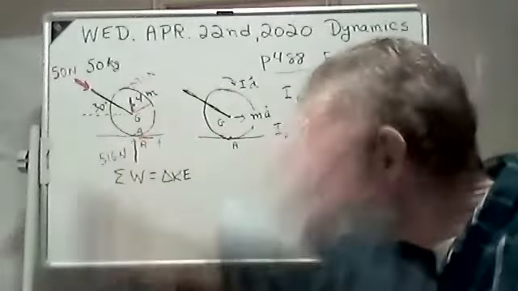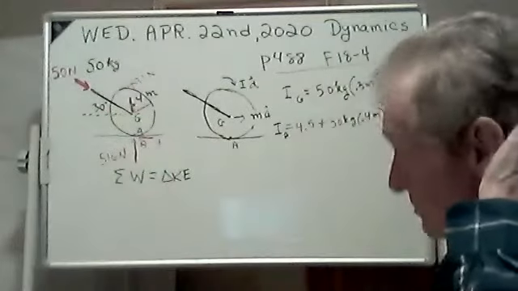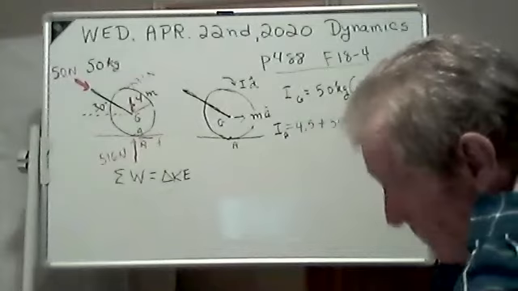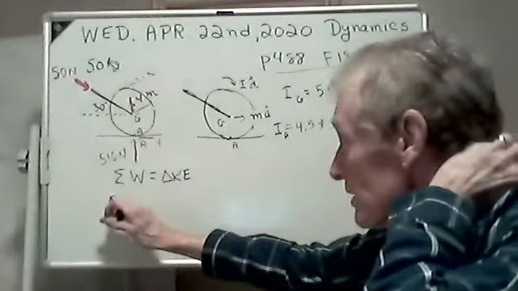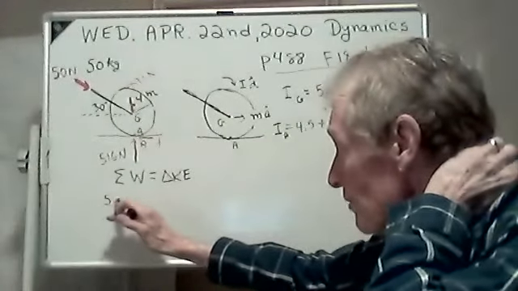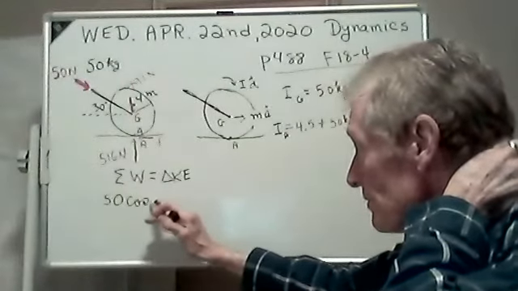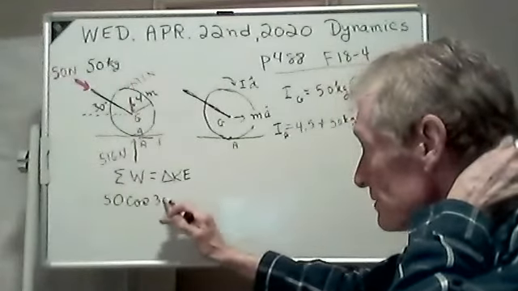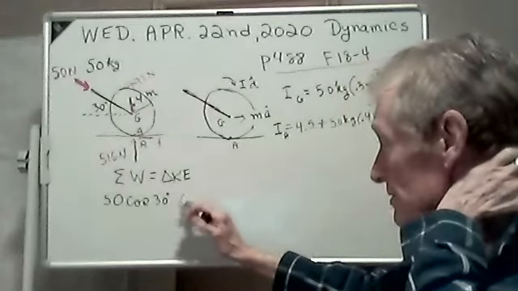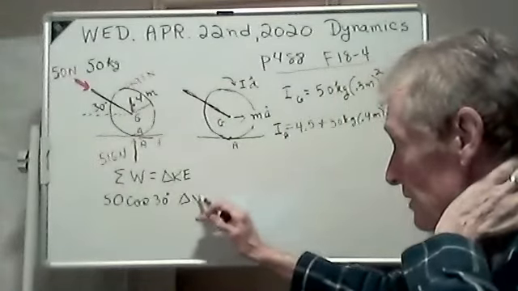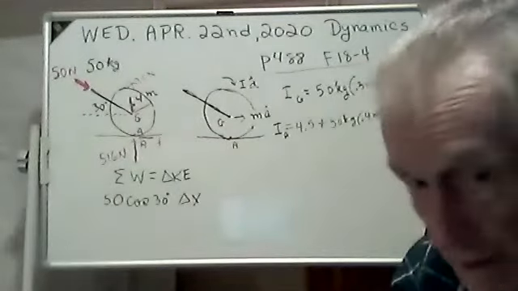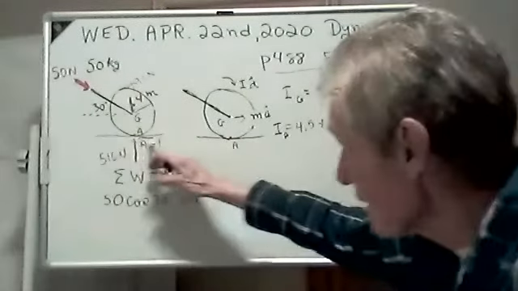But this one does. The 50 newtons does work. And I'll tell you how much it does. We need the component. It's 50 cosine of 30 times the distance traveled. You can call it dx, however far this thing travels along.